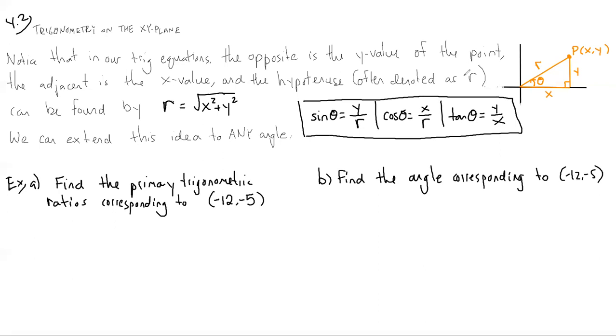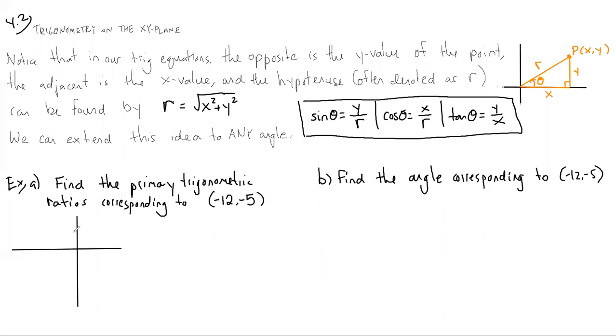So for this next question, we've got the primary trig ratios corresponding to the point -12 and -5. What we could do is just plug all of this right into these formulas, but I do want to draw out what they're going to look like. So if we draw -12 and -5, that's going to come in the third quadrant. If you're counting quadrants, I'll jot them down in blue here.